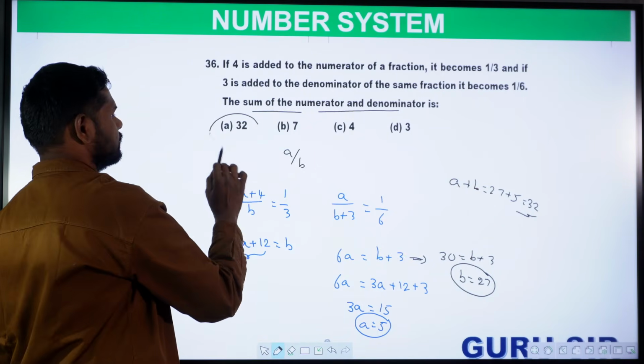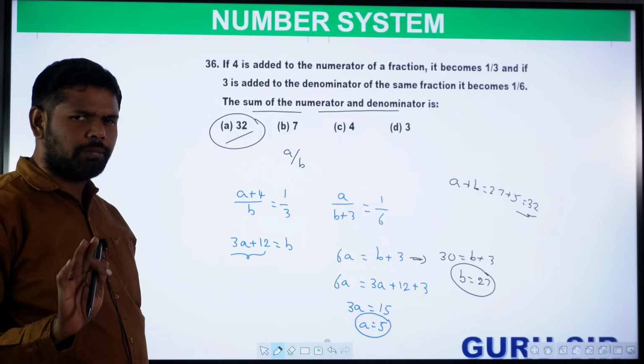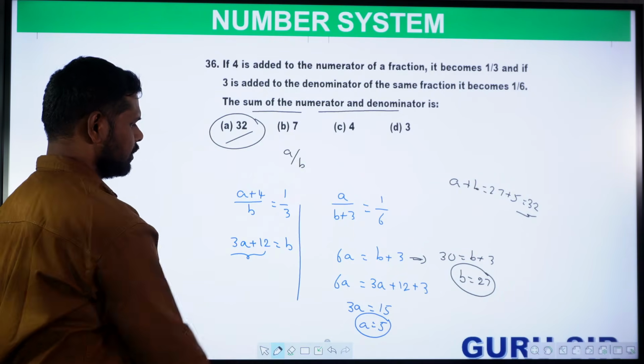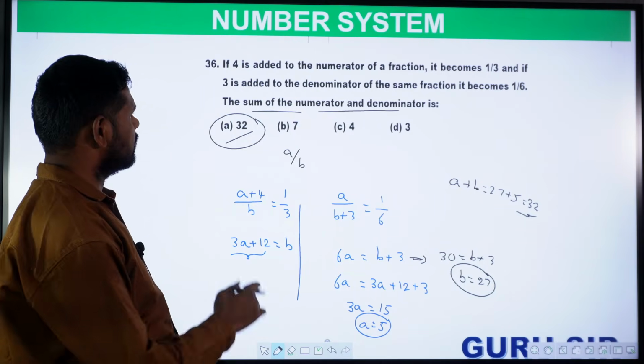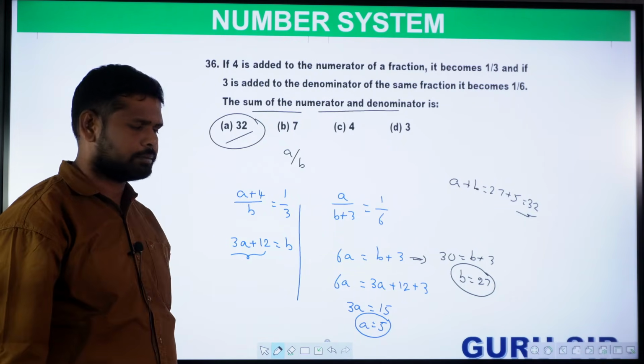That is the answer. So just read the question patiently and solve simply. Don't get confused and don't tense up in the examination. Just be cool, read the question, solve and get the answer.